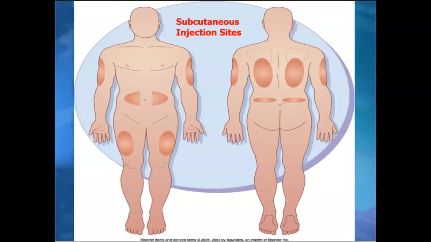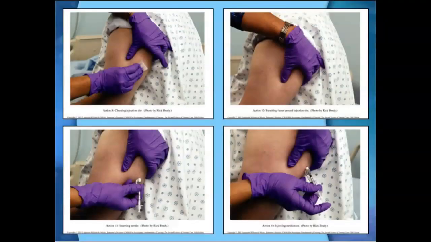There's a lot of spots, okay? So if you can't find subcutaneous tissue on your patient readily available in their abdomen, then you can look at these other areas, right? This is an example of a subcutaneous injection into the fatty tissue at the back of the arm.